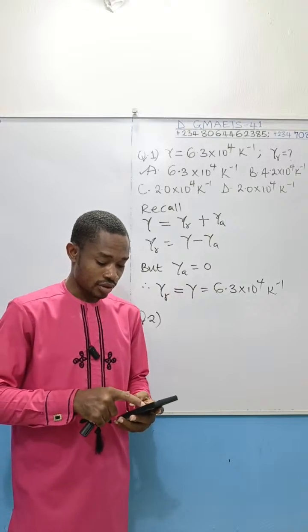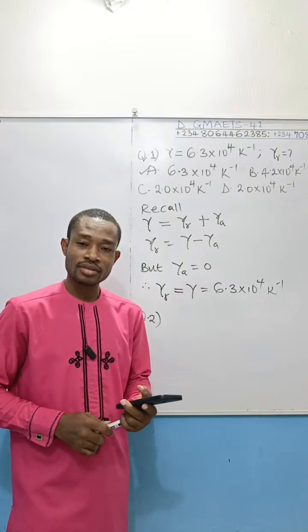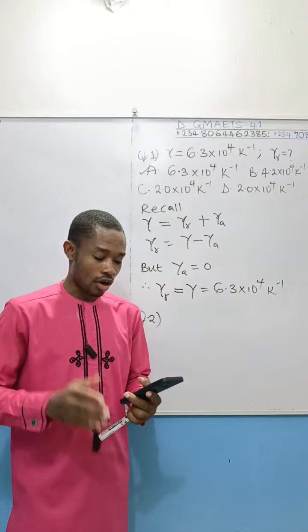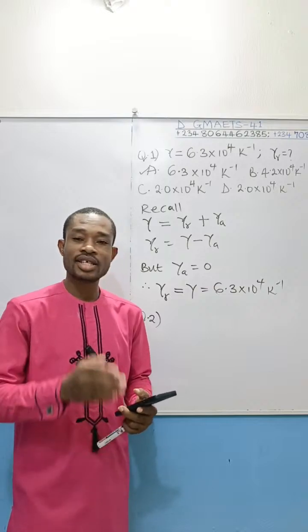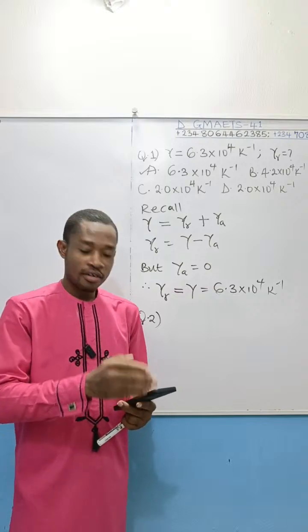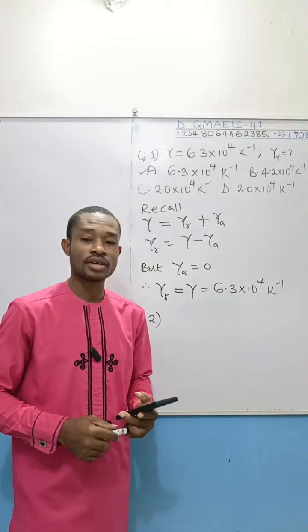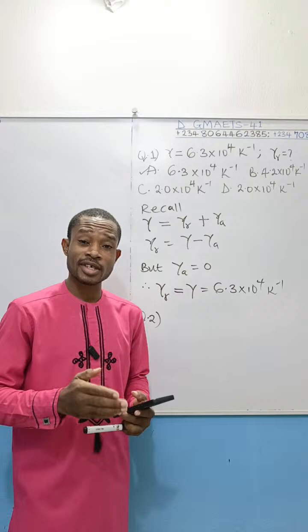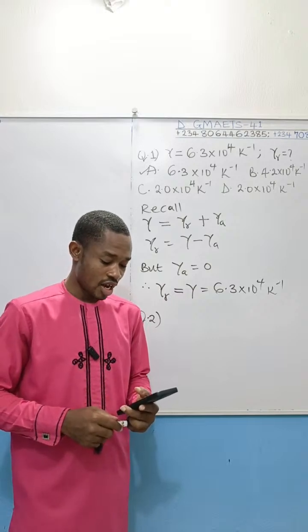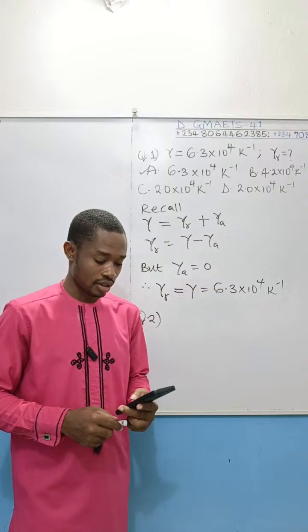Question number 2 reads: A metal rod of length 100 centimeter is heated from 20 degrees centigrade to 80 degrees centigrade.